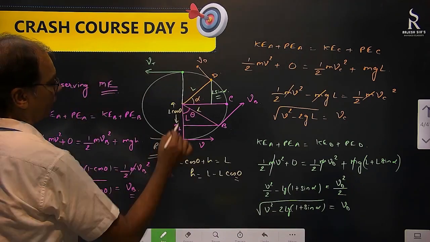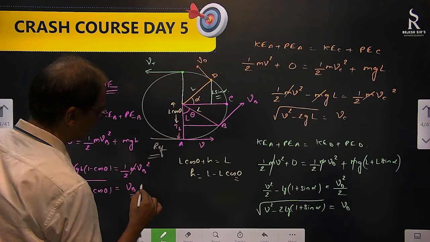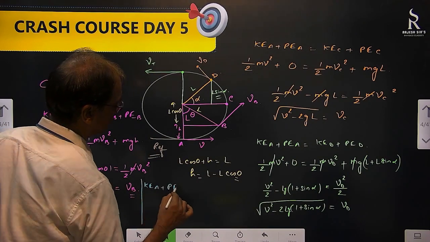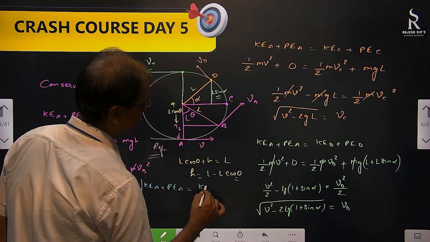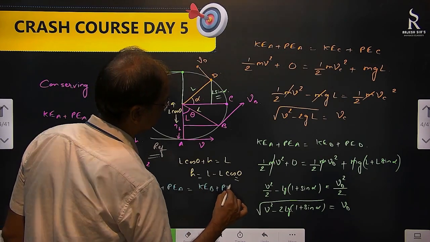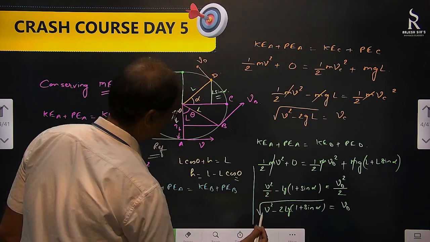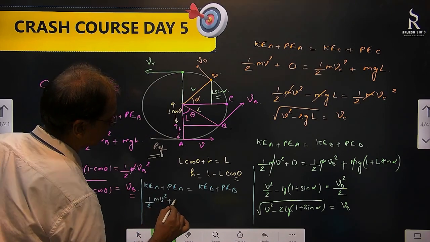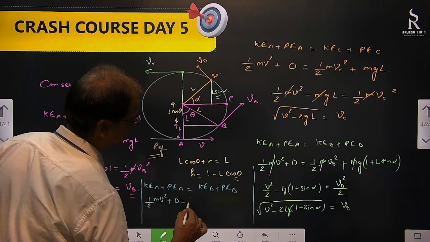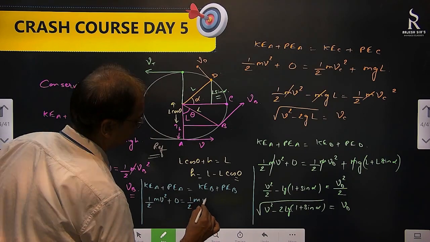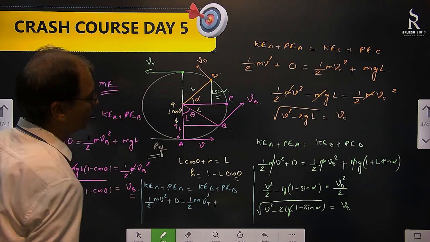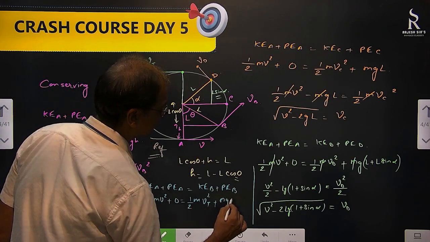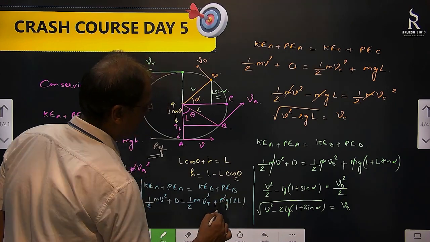Okay, so Vt, again same, kinetic energy at A plus potential energy at A equals kinetic energy at B plus potential energy at B. Half mv square, 0, kinetic energy half m vt square plus potential energy. Now you know this is L, this is also L. So directly mg into 2L you can write. M cancelled.